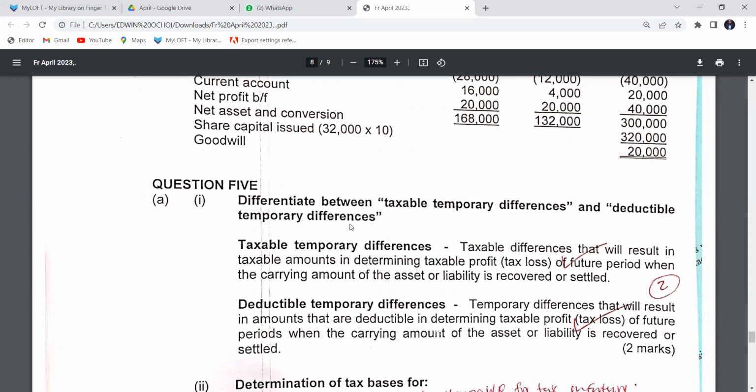So for deductible, I said it is when the carrying amount is less than the tax base. It leads to a deferred tax asset. It's a negative temporary difference. Here they have said that deductible temporary differences will result in amounts that are deductible in determining taxable profit or loss of future periods when the carrying amount of the asset or liabilities is recovered or settled.